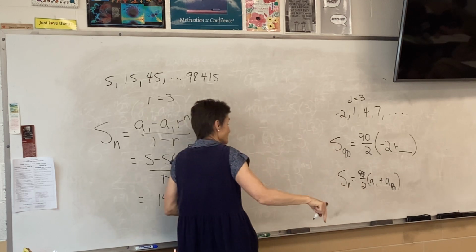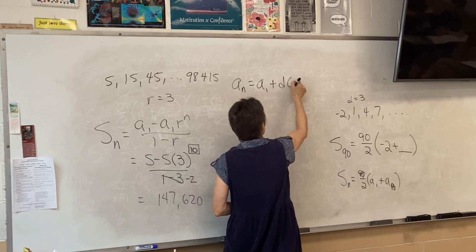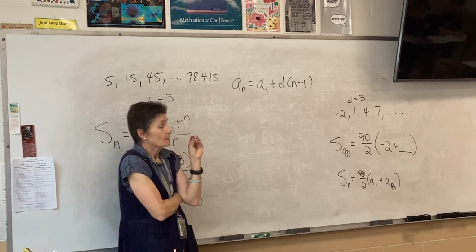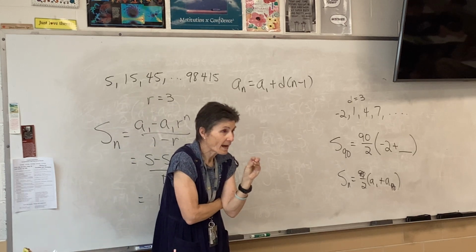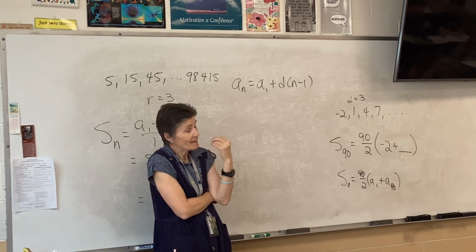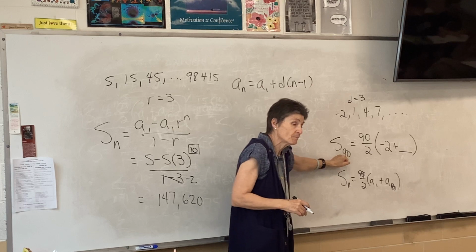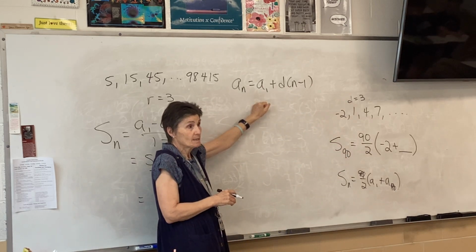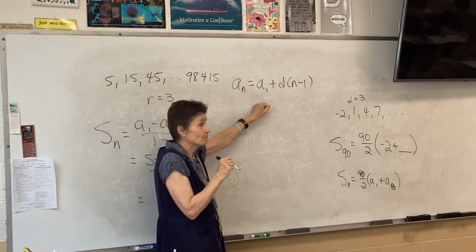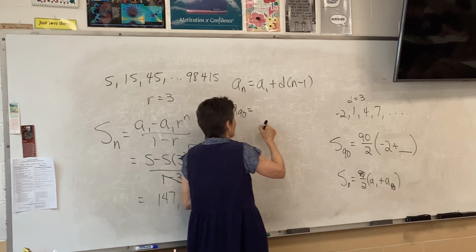I'm gonna do what I just did a minute ago. I'm gonna use my other arithmetic formula. If you don't have enough or the right information for the formula you need to use, then try the other one and see if it will give you what you need. So according to this formula, the 90th term will be what?